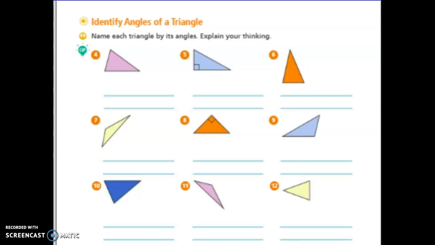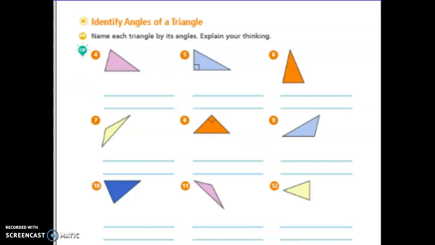Number 11. I'll let you think. Yes, that is obtuse. 2 acute angles and 1 obtuse, so we name it for its biggest angle, so that is an obtuse triangle. And number 12. I see an acute, and an acute angle. So that is an acute triangle.